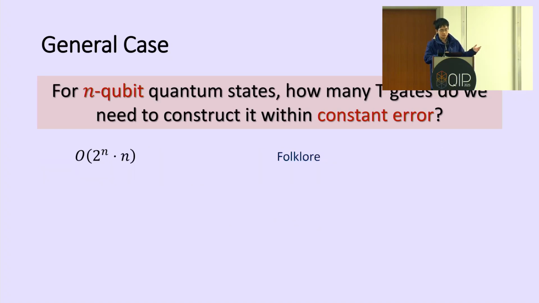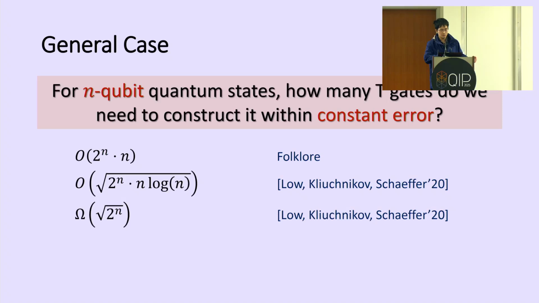So this is the folklore result, and surprisingly, by Low, Kliuchnikov, and Schaeffer, they show that you can shave a square root factor, meaning that you don't need 2 to the n times n T gates. You only need square root 2 to the n times n log n many T gates. They also prove a corresponding lower bound that is square root 2 to the n.